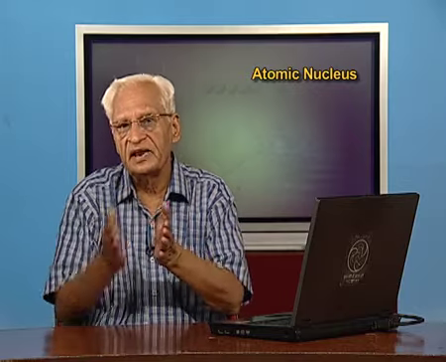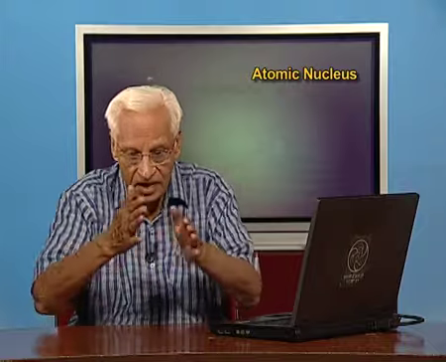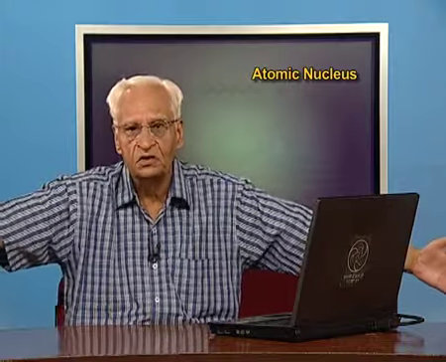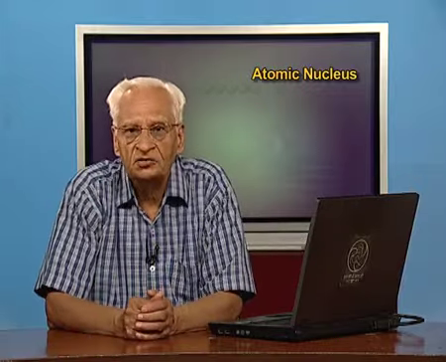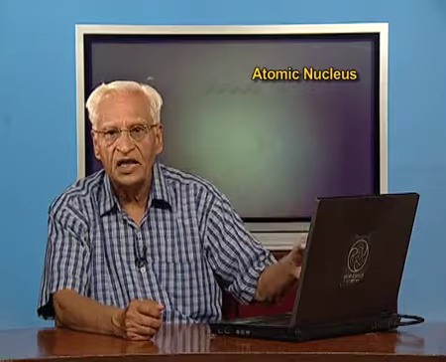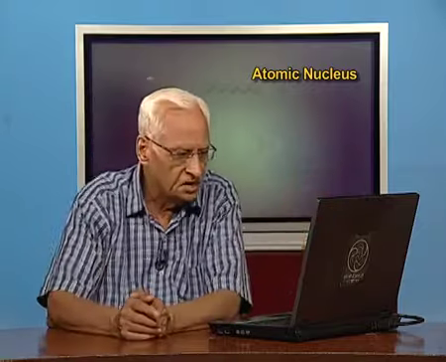Some may contain slightly less than 5,000, some may contain slightly more than 5,000. The average number over all these boxes would be 5,000. So, that is why I said half life is the average half life of all the nuclei.